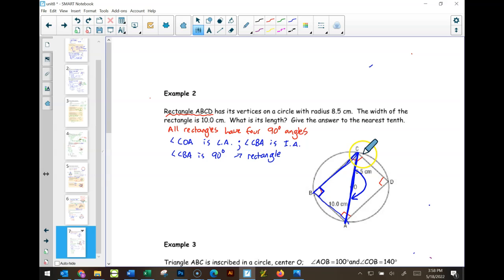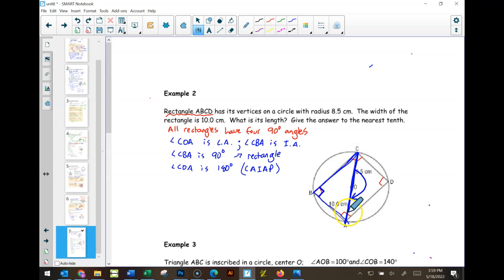Which means that if angle CBA is 90 degrees, that must mean that COA is a semicircle. So it's 180 degrees. Okay. And that is the central angle inscribed angle property. So I know that for sure. Why?